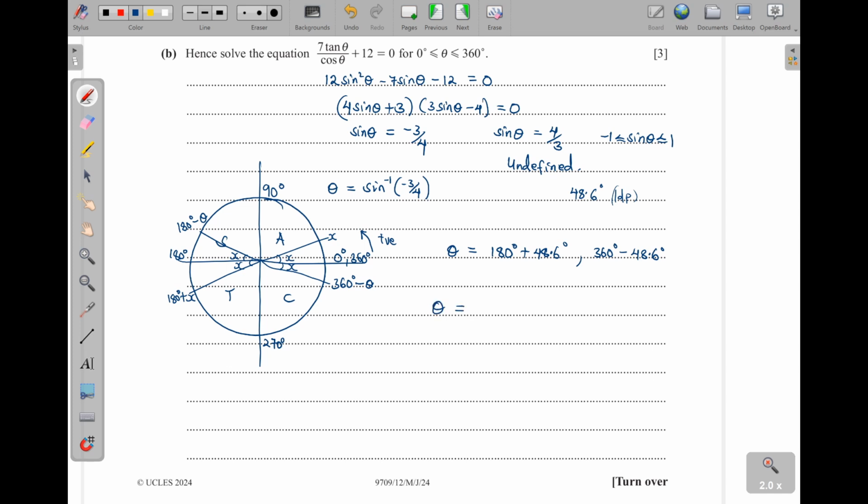So that means our answers are going to be 228.6, and then this one here will be 311.4 degrees. All of them to 1 decimal place. Angles in degrees, we put them to 1 decimal place for uniformity. So that is that.